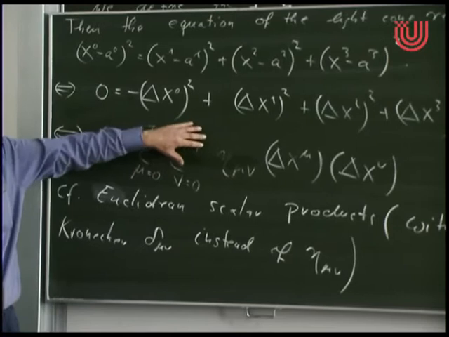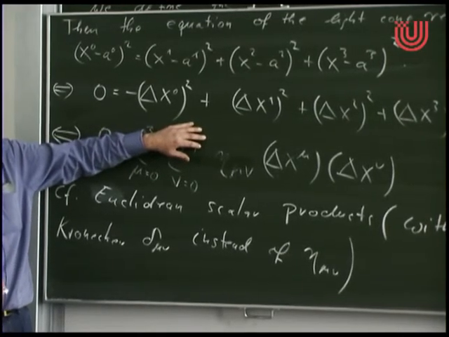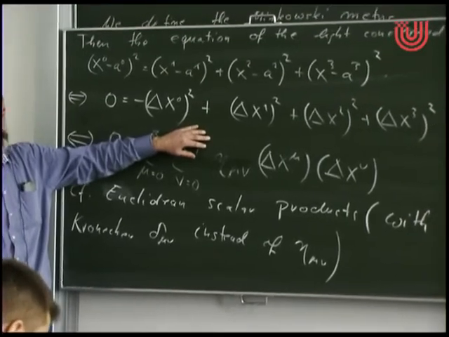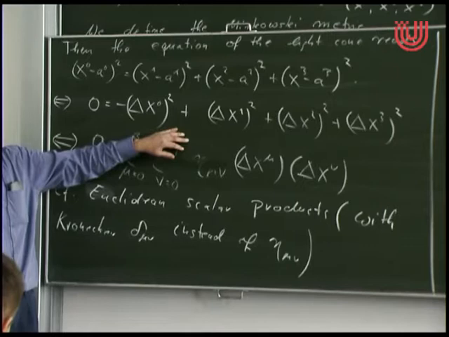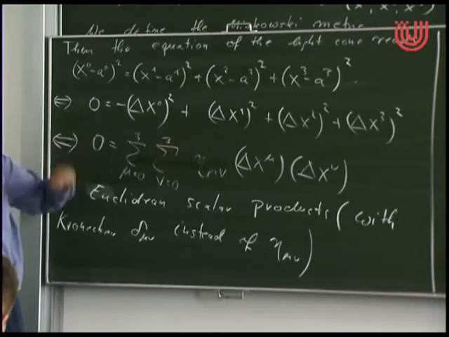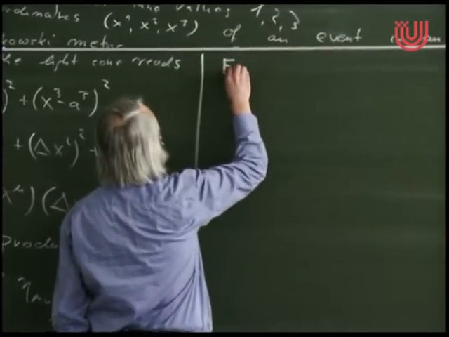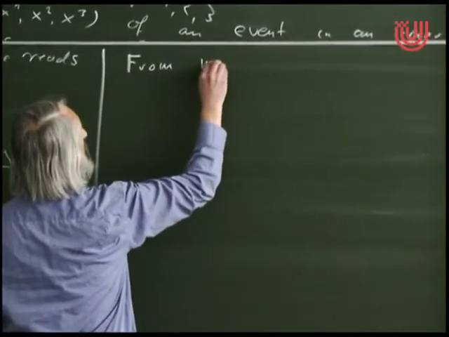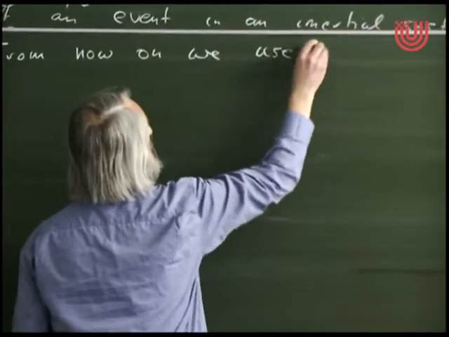So we don't write the summation signs. That's Einstein's summation convention. Actually, Einstein used to joke that this was his only contribution to mathematics, that he invented the summation convention, which makes all these formulas indeed much shorter. So from now on, we use Einstein's summation convention.